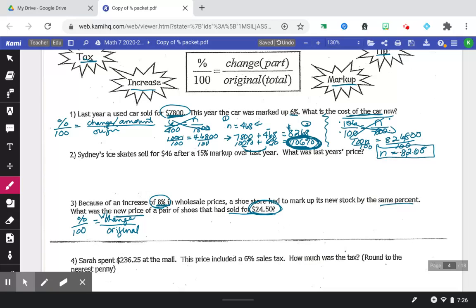So the new price is actually 108% of the original cost. So I'm going to find 108%. This is going to be the new price. So in the top, that's what I'm looking for, is the actual dollar amount of the new price over the original cost, which was $24.50. Okay, so now I'm going to do my cross products.